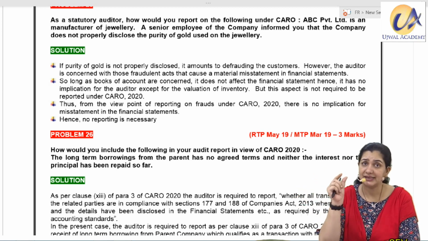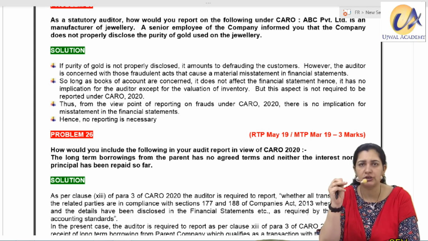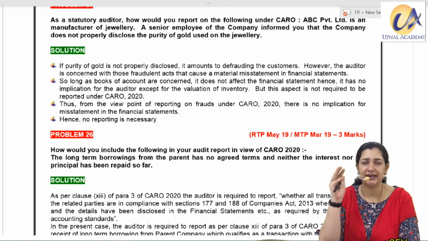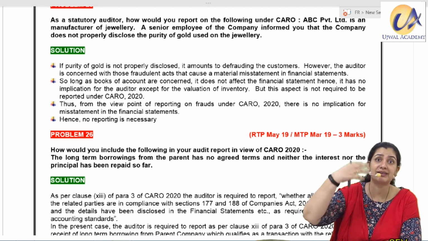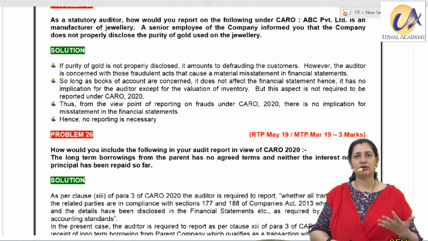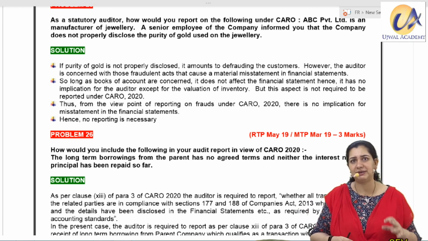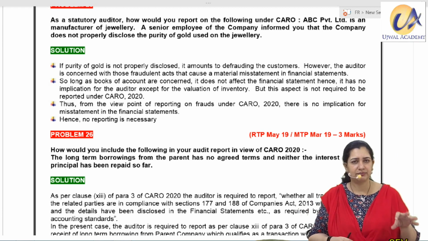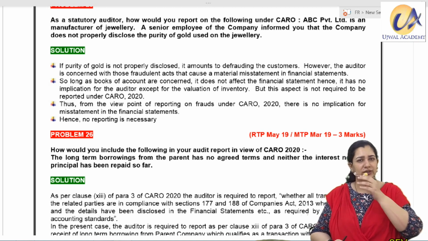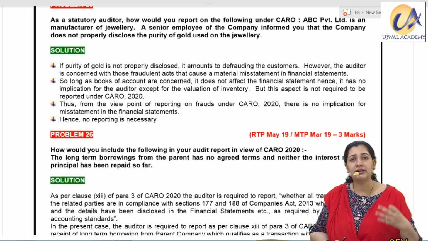When I say fraud, it is fraud on or by the company, and it relates to the financial statements. By not mentioning the purity of the gold, it is a fraud, but a fraud on the customers. It does not affect my FS on a normal basis.